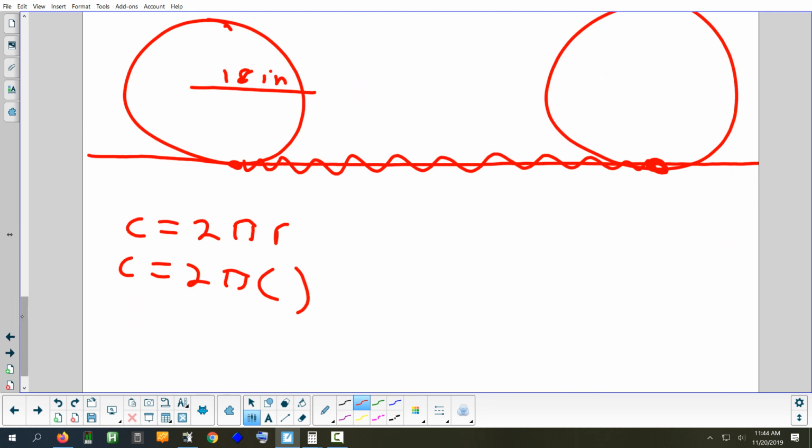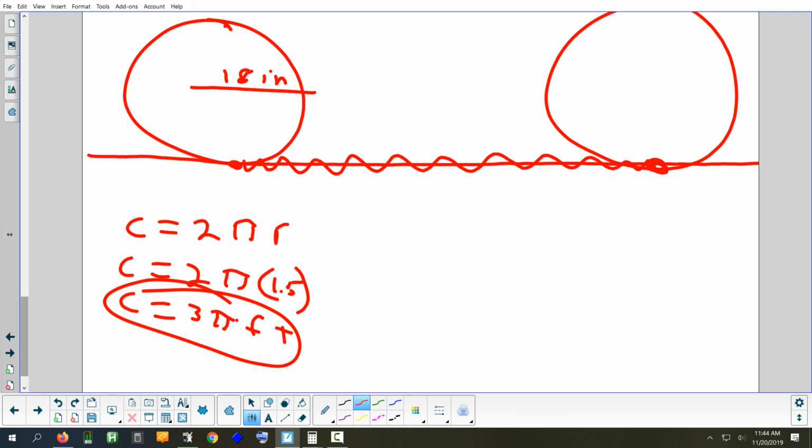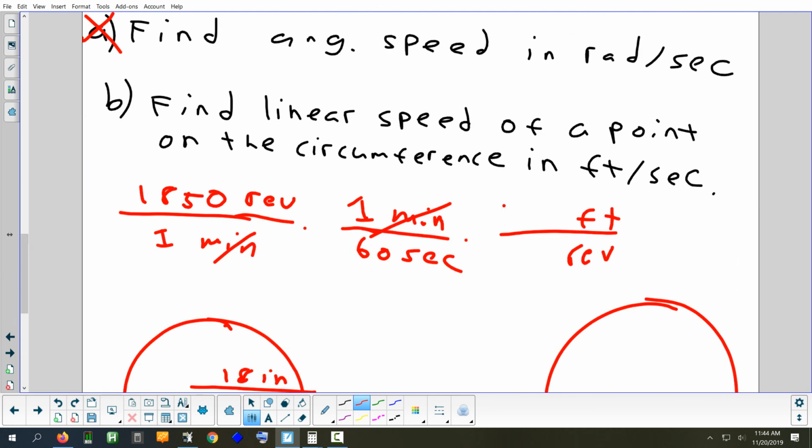So my circumference is how many feet? 3 pi. So one revolution of this tire, if you rolled it along the ground, would be exactly that long. The circumference formula is what you use to go from revolutions to feet, or inches, or whatever. So, 3 pi feet in one revolution.